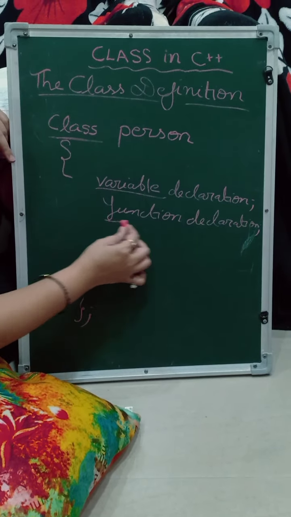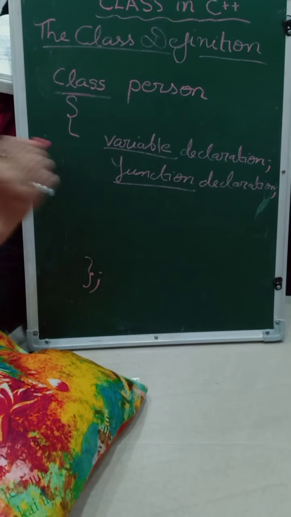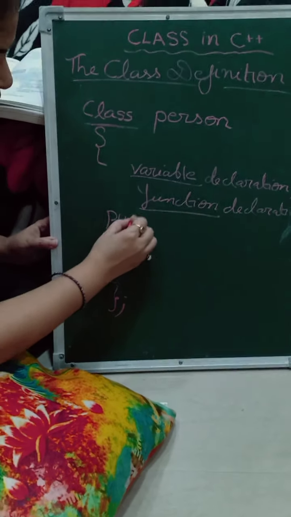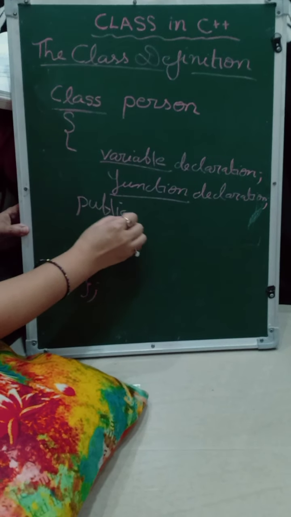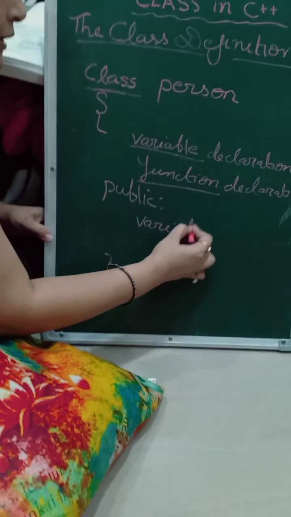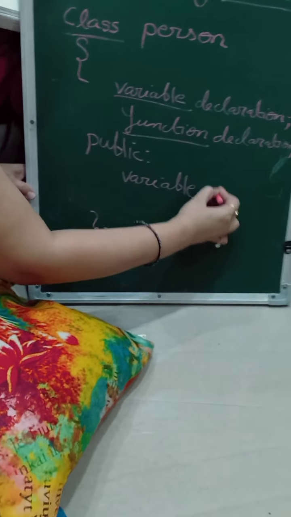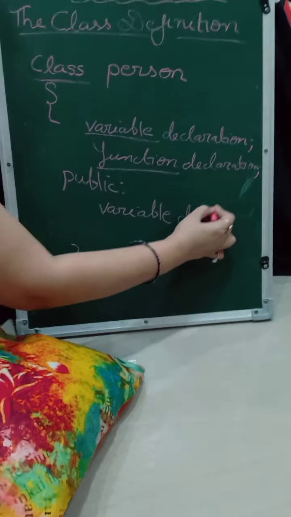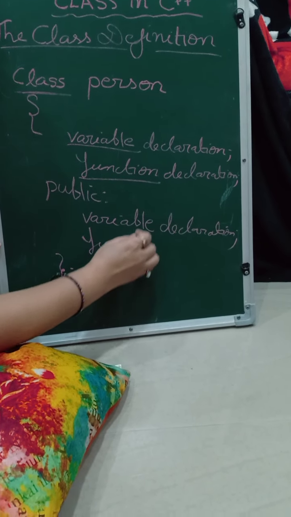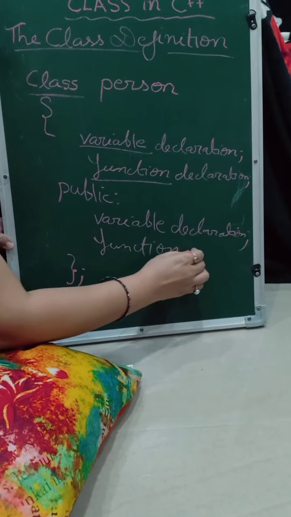Okay, so we are using the class. By default these are the private members. Now I am making some variables and functions in public mode. So I am writing here public. Okay. And now here I am again writing the public variable declaration and the function declaration.